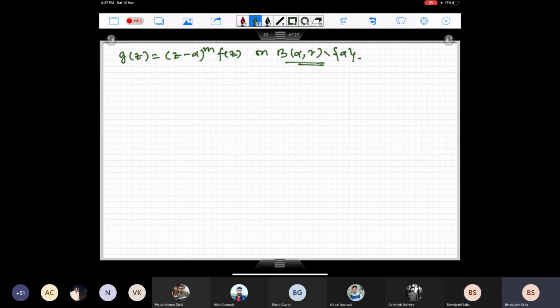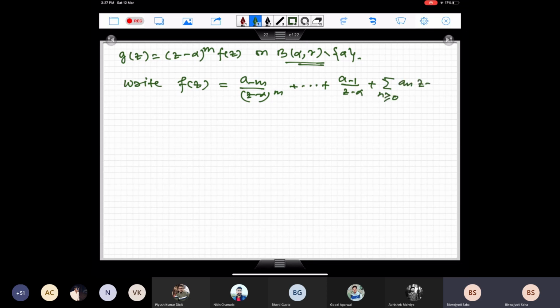I have already explained this, but let me just do that. Write f of z equals a_{-m} (z minus alpha)^{-m} plus so on and so forth, a_{-1} (z minus alpha)^{-1}, plus the summation over n bigger than or equal to 0 of a_n (z minus alpha)^n.